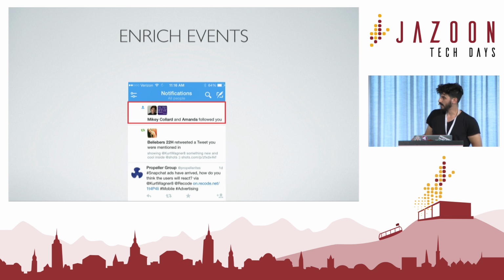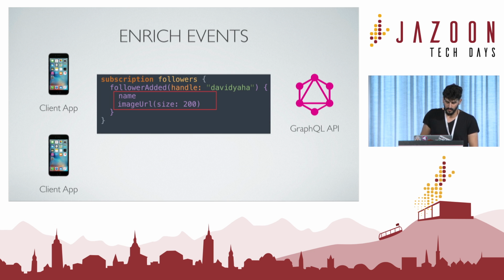And if we look at our notification view, we can see that we need the full name of the user and the profile image of the user in order to properly render this new notification. So when we send over our subscription document, it will contain these two fields on the selection set, name and image URL.